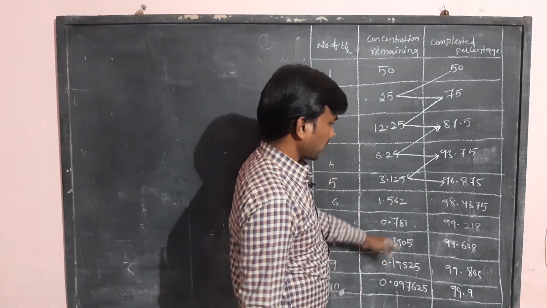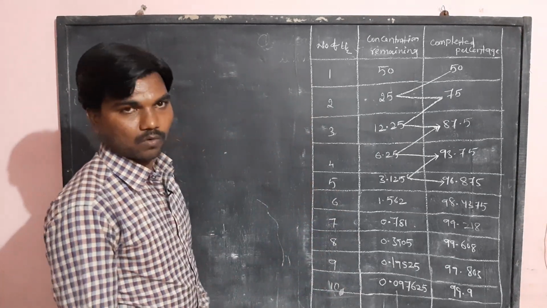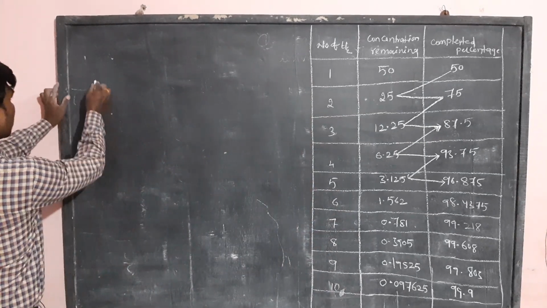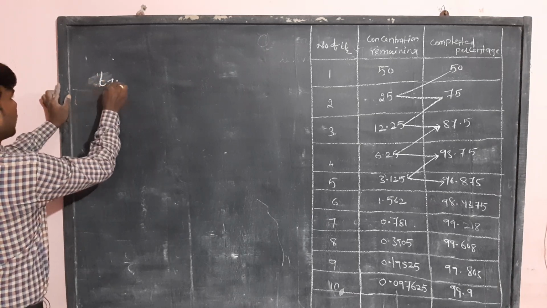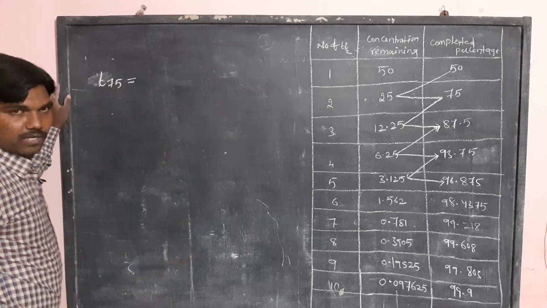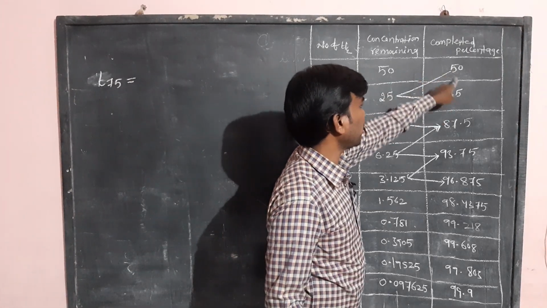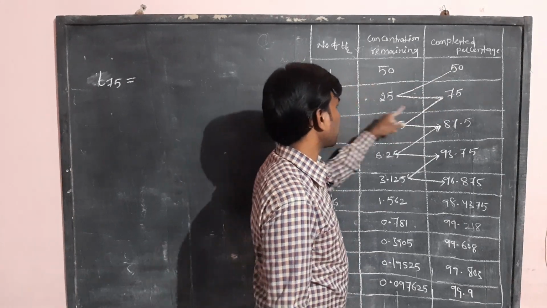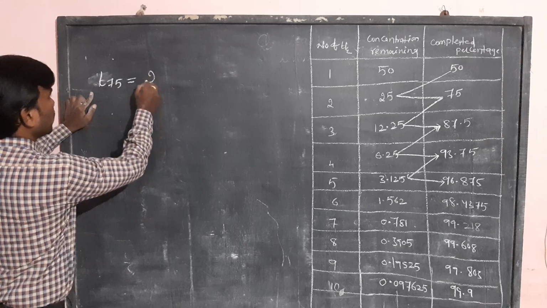So based on this chart, this is very easy to remember. Based on this table, how can we solve questions like this? For example, to complete 75%, how many T halves will be required? Here you see, 1 and 2. So the relation between T75 and T half is 2 into T half.